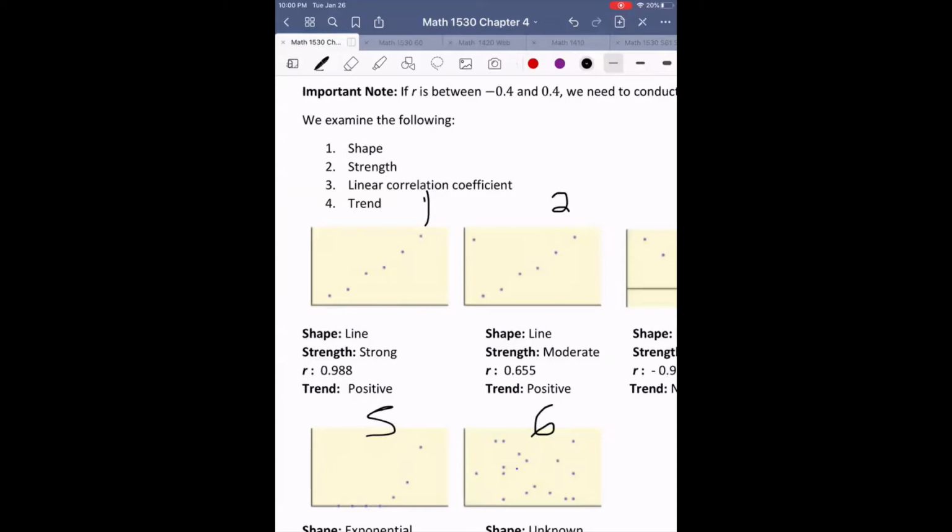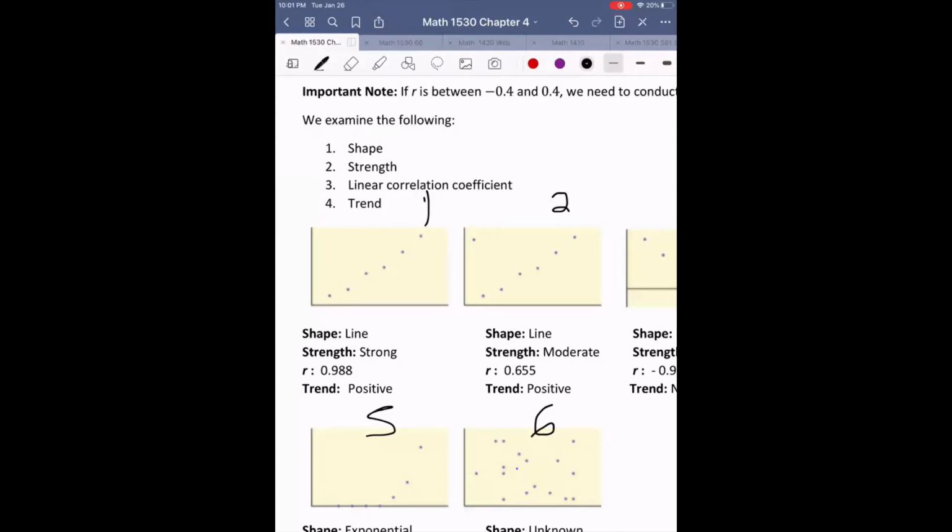Well, we can only do that when the scatter plot has a line pattern. If the scatter plot does not have a line pattern, then it doesn't really make sense to use a line to approximate that relationship or to use a line to make a prediction. So that's the first thing we're really going to look for: does the data set have a line pattern?